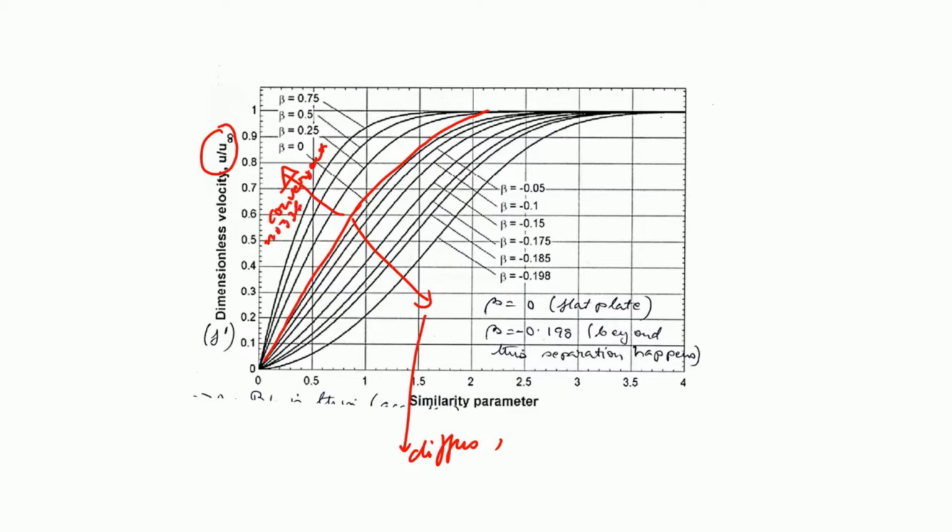Now, as you can see from a diffuser, what happens is very standard: the flow is basically facing what we call an adverse pressure gradient. As this diffuser angle becomes larger and larger, the flow will at some point start to separate. And that separation happens at around beta equal to minus 0.198, approximately close to minus 0.2.